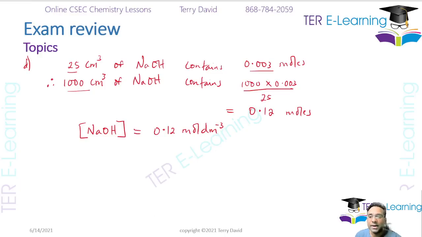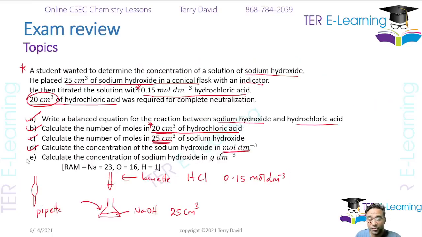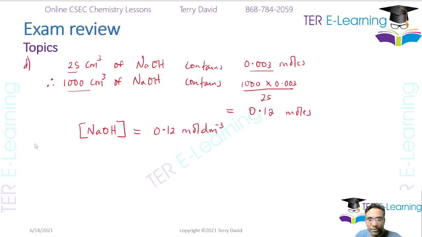And then the last part of the question now, which is something that they typically ask us, they can ask you, calculate the concentration of the sodium hydroxide in gram per dm³. So they want you to convert from mole per dm³ to gram per dm³. And that is something very, very straightforward to do. All we need to do is find the molar mass of sodium hydroxide.